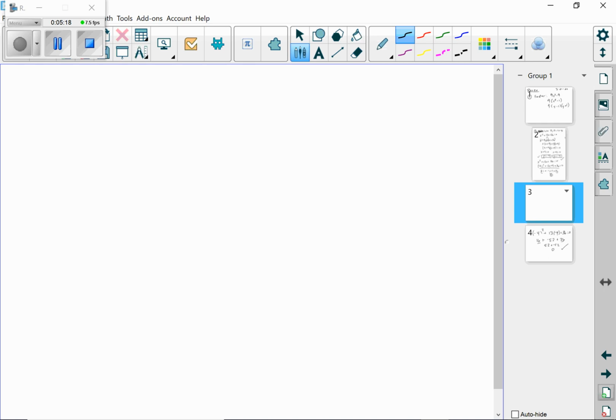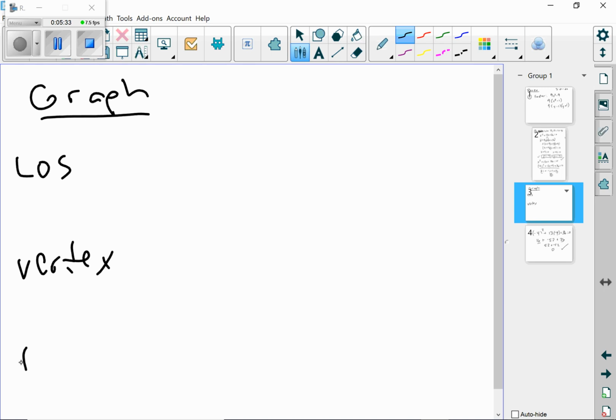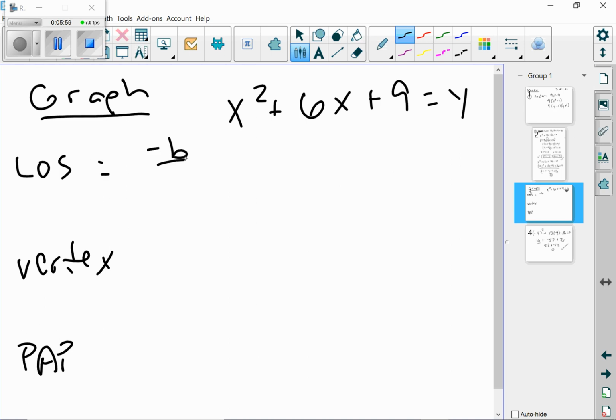The last thing, the one you need to go back and look at the most, is to graph the quadratic function. You want to use the line of symmetry, the vertex, and the pick a point method. Let me run through one really fast. Let's say we've got x squared plus 6x plus 9 equals y, because it's a function we're graphing. The line of symmetry is negative b over 2a.